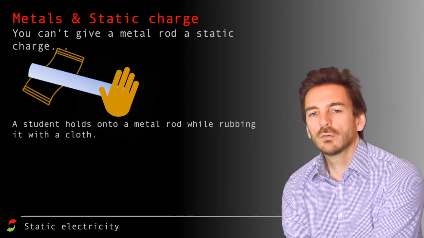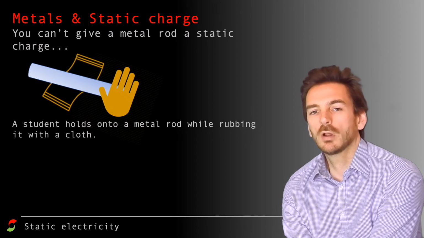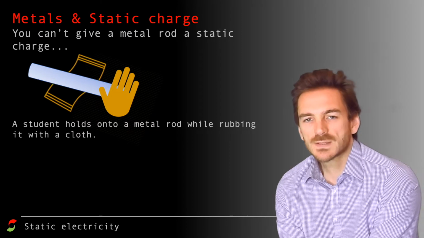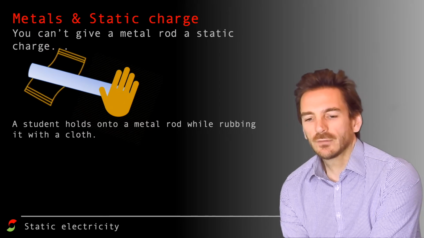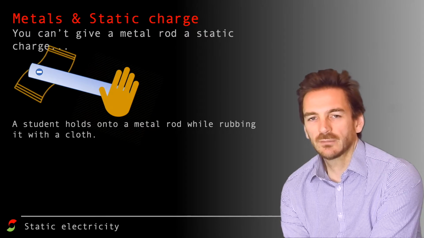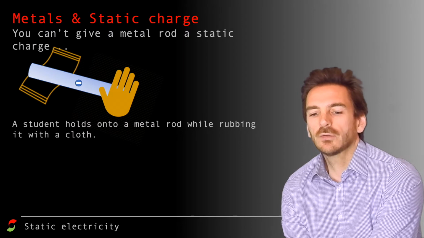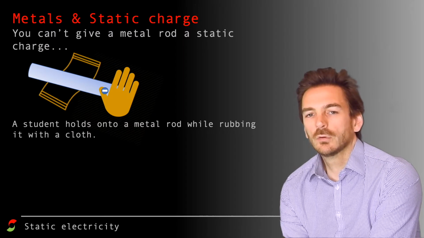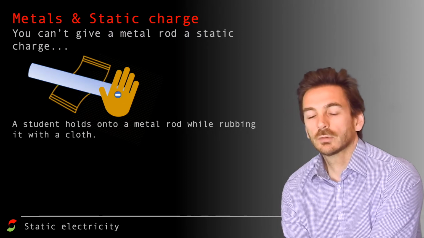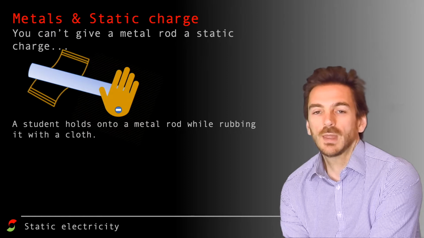So let's finish off with looking at why you can't hold onto a metal rod, rub it with a cloth, and expect to give it a static charge. If you were to do that, let's say electrons move onto the metal rod. Because the metal rod is a conductor, those electrons that move from the cloth onto the rod will just be conducted along the rod, through the hand and away.